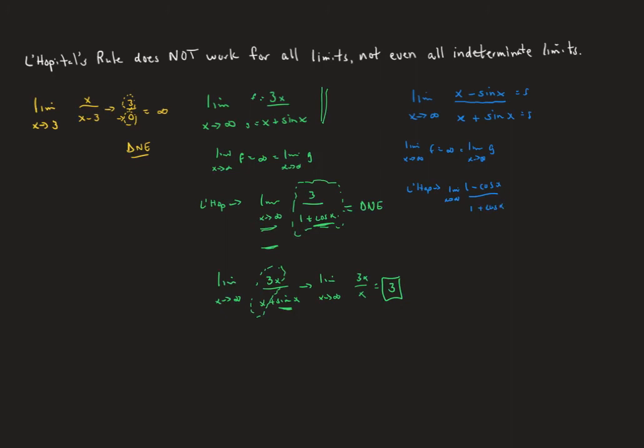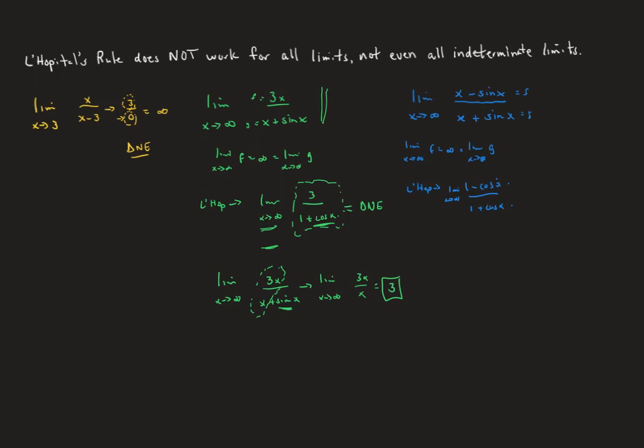Now here we have that same issue because these cosines are bouncing around between 1 and -1, and they are not getting closer and closer to any single number. When cosine is equal to 0, you're just going to get 1 over 1. When cosine is a positive 1, you're going to get 0 over 2, which is 0.